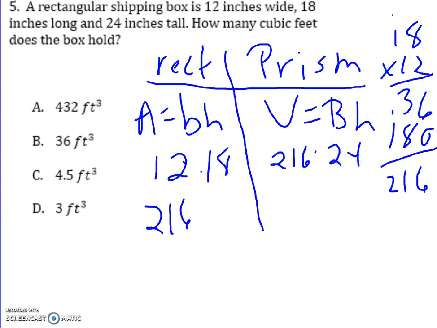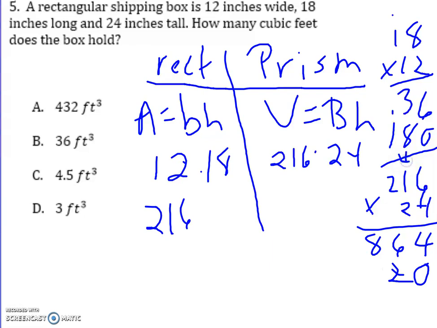All right, so 4 times 6 is 24. 4 times 1 is 4, plus 2 is 6. 4 times 2 is 8. Put a placeholder. 2 times 6 is 12. And 2 times 1 is 2, plus 1 is 3. 2 times 2 is 4.